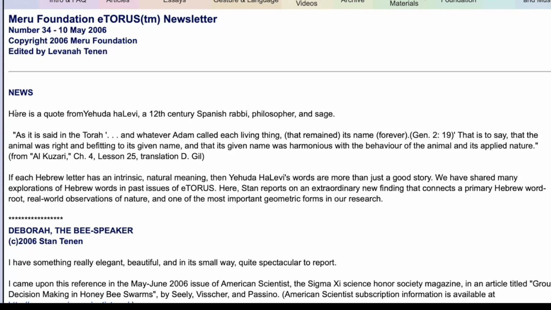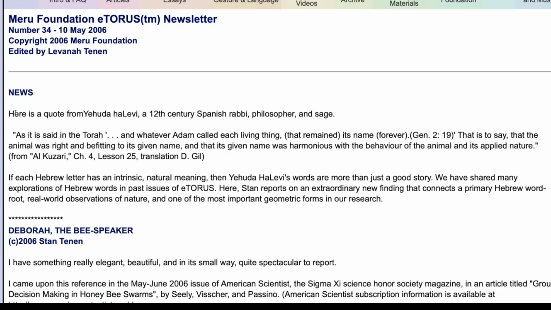Sure. Here is a quote from Yehuda HaLevi, a 12th century Spanish rabbi, philosopher, and sage, from Al-Khuzari, chapter 4, lesson 25, translated for us by our friend Daniel Gill.